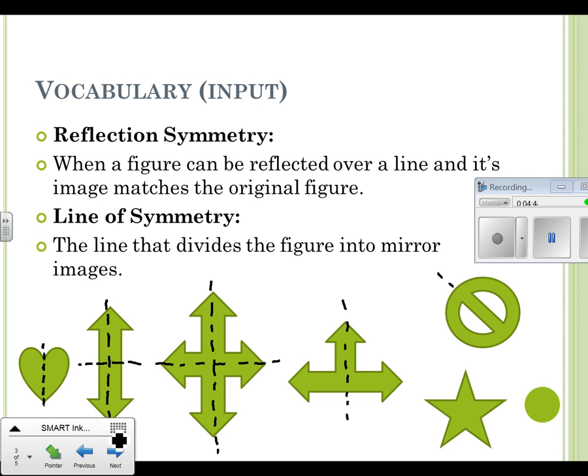This sign here, there's a line of symmetry, and we could also go this direction and be the same on both sides. With the star, we have many lines. Here's a line, here's a line, here's another line, here's another line, and yet another one here. Okay, so we can see that that one has 5 lines of symmetry.